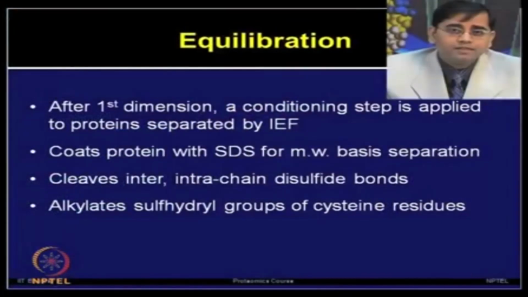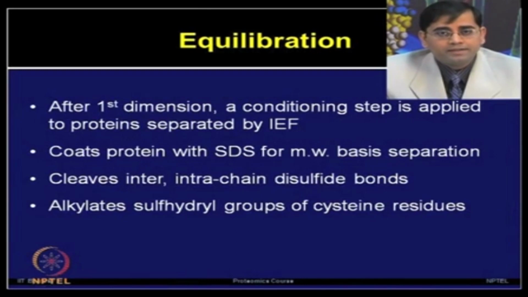So, after the first dimension separation is done, you need to coat the protein with SDS. For making it compatible for SDS-PAGE, you need to coat with SDS, sodium dodecyl sulfate, which is an anionic detergent, and it provides negative charge later on for separation in the electrophoretic field.